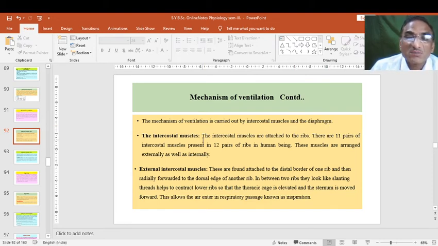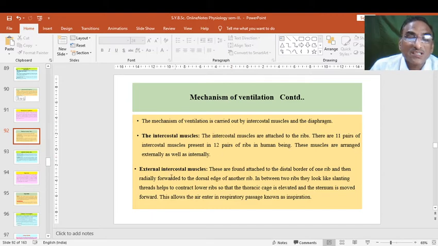The intercostal muscles are attached to the ribs, and there are 11 pairs of intercostal muscles present in 12 pairs of ribs in human beings. These muscles are arranged externally as well as internally, meaning they support from both sides and facilitate the movement of ribs whenever respiration or the mechanism of ventilation is carried out.